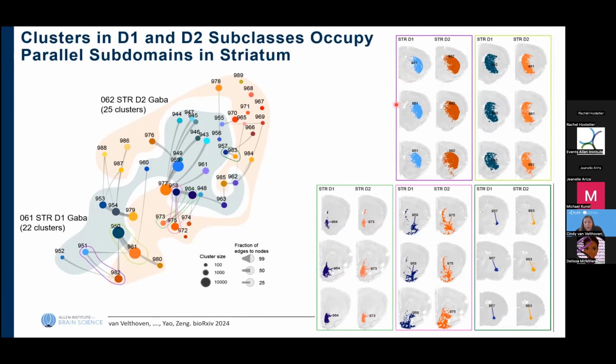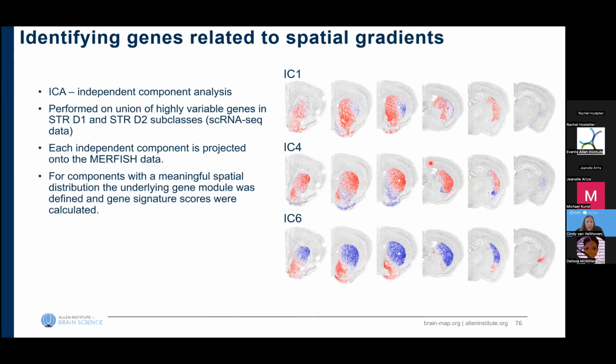The other thing that I hope you can appreciate from this plot is that there is some kind of mediolateral to dorsal-ventral organization of cell types. And we were wondering if this was driven by specific gene expression gradients. So in order to uncover what these gradients are across space, we performed an independent component analysis on the striatum D1 and D2 classes separately in the single-cell RNA-seq data.